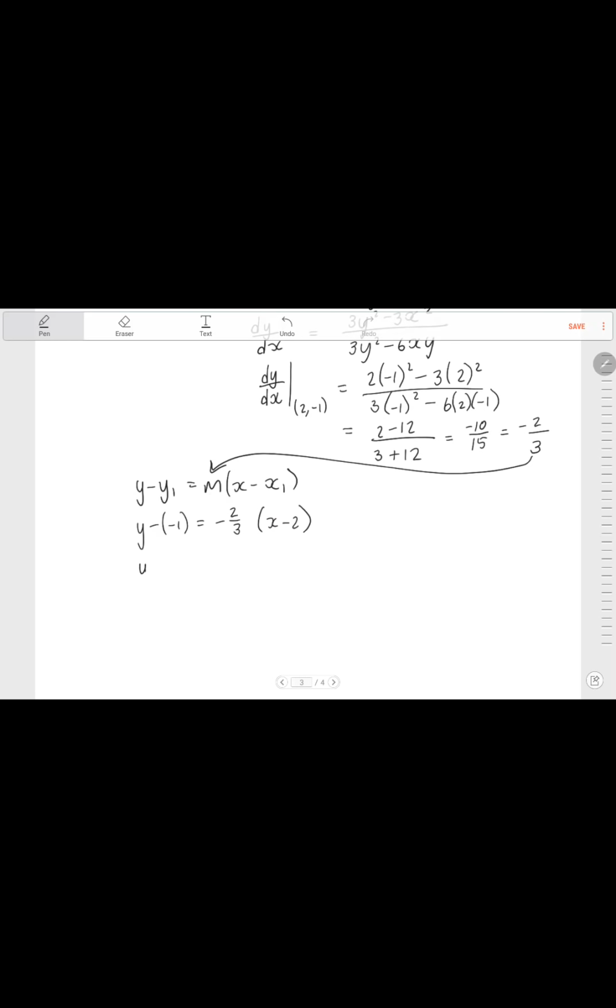So this is going to be y plus 1 equals minus 2 over 3 x plus 4 over 3. So y equals minus 2 over 3 x plus a third. And that's the equation of the tangent line at the point (2, -1).